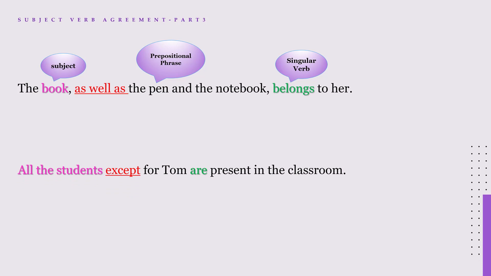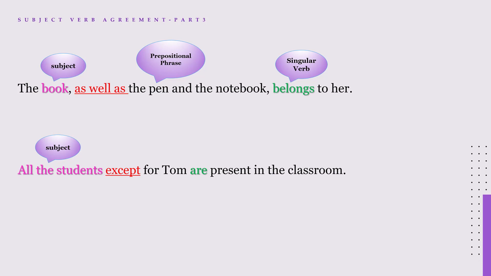All the students except for Tom are present in the classroom. All the students is the subject of the sentence. This is a plural noun phrase that refers to the entire group of students.